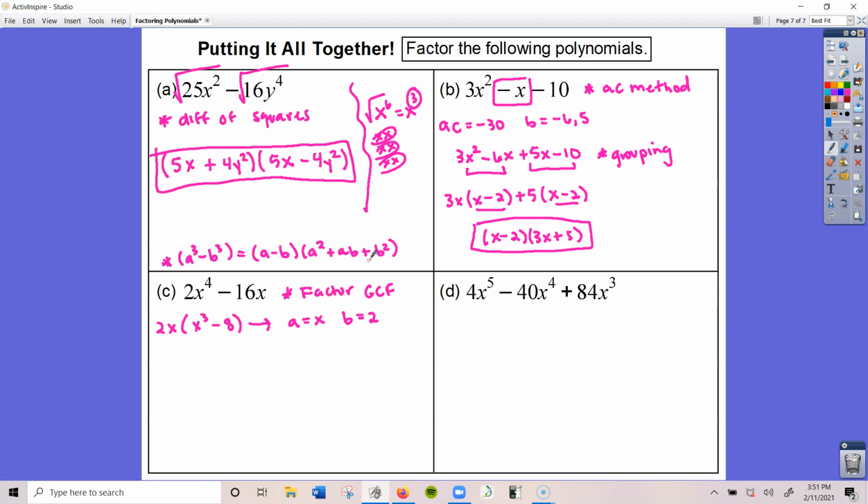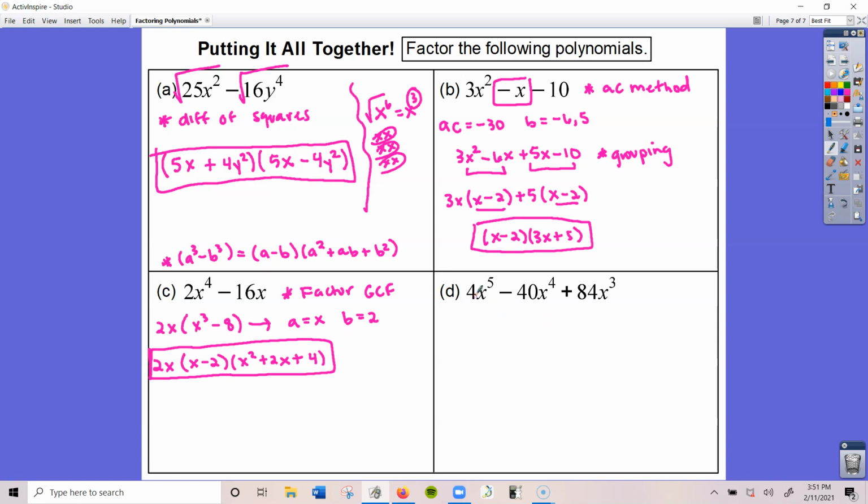So now we're going to put it in this format. Don't forget that we have that 2x already on the outside. A minus b is x minus 2. Then we have a squared, so x squared, plus a times b, so x times 2 is 2x, plus b squared, so 4. And this is now completely factored.